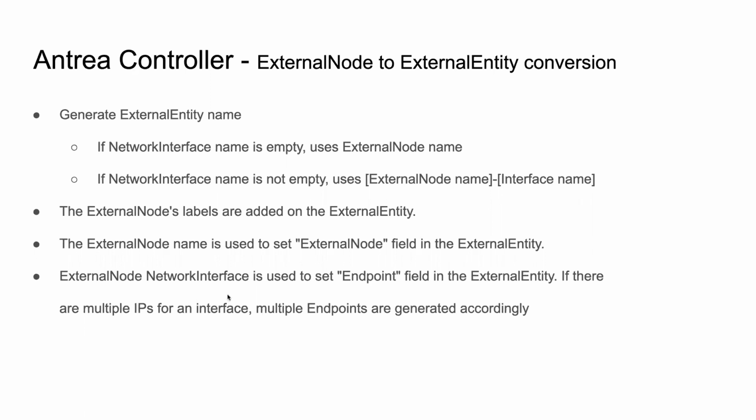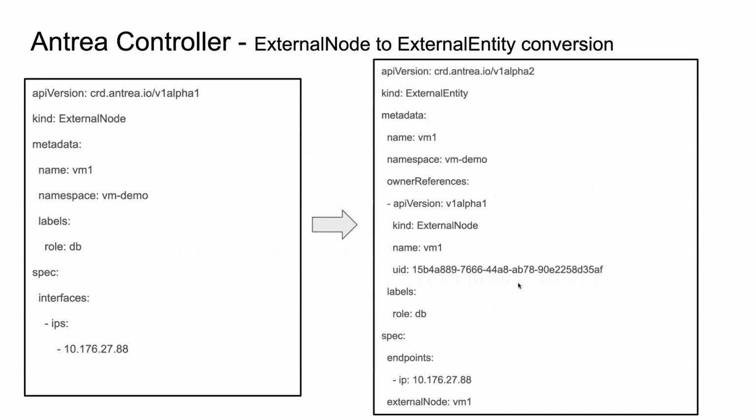The last one is that we will populate the external entity endpoint field with the information set in the external node network interface. And if there are multiple IPs for an interface, multiple endpoints will be generated accordingly in the external entity. And here I have an example for this conversion.